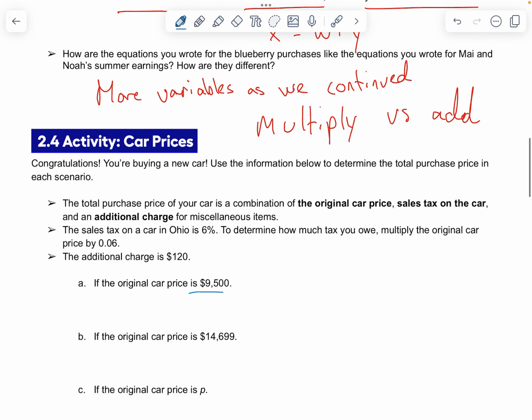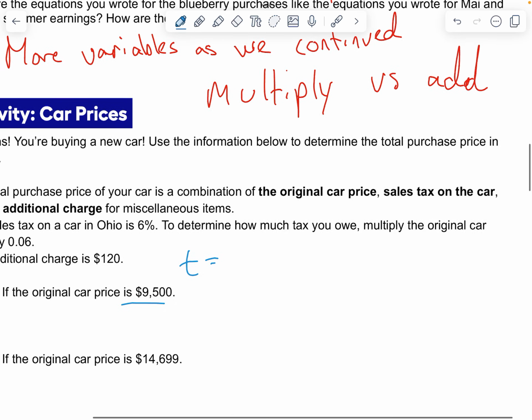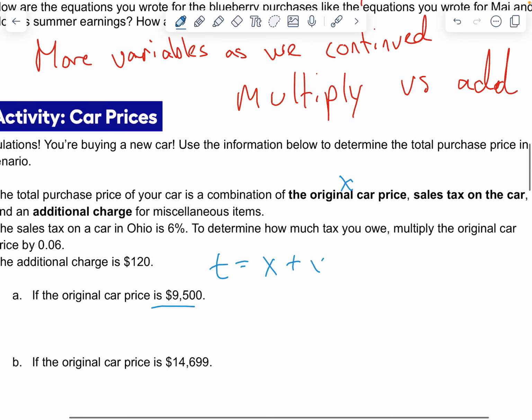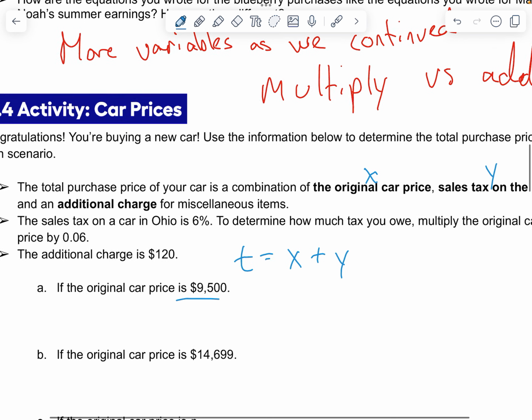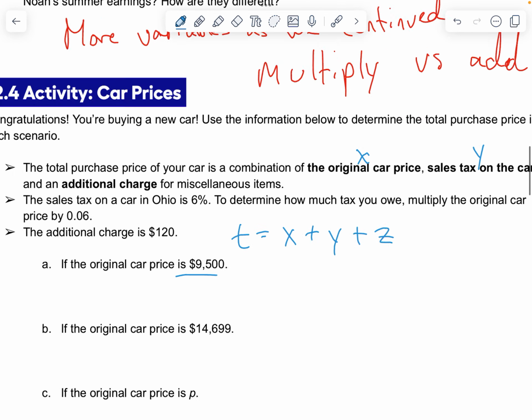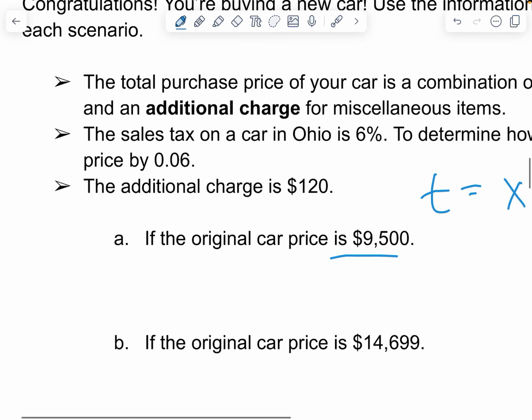Well, we know that the total price is going to be the original car price, let's call that X, the sales tax, Y, and an additional charge, Z. Okay, so to determine how much tax you owe, multiply the original price by 0.06.